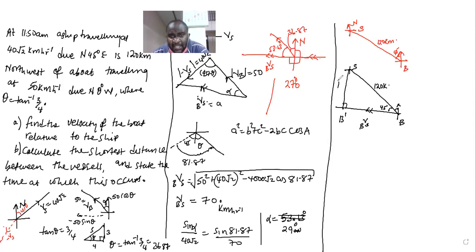Therefore, the shortest distance is small d, and small d can be got from 120 kilometers. It is opposite to the distance, so it is sine 45. And the answer will give me 120 over root 2, because sine of 45 is 1 over root 2. When you simplify this, you'll get 120 times root 2 divided by 2. And finally, my answer is 60 root 2, which is the best presentation of the answer. But if you want the decimals, then you can say 60 times root 2.